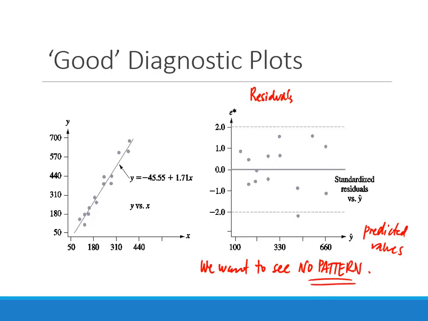If there's just random scatter in the residual plot, that tells us that a linear relationship is an okay assumption. So no pattern tells us that this linear relationship is in fact appropriate.